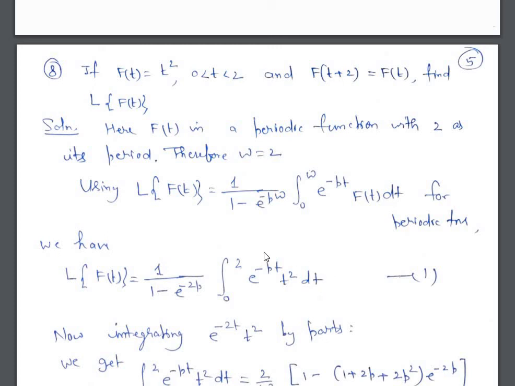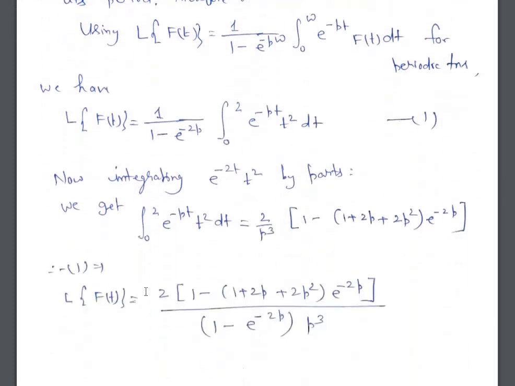Now, we have to integrate it using integration by parts. So, we get the integral from 0 to 2 of e to the power minus p t times t square dt equal to 2 upon p cube into 1 minus 1 plus 2 p plus 2 p square e to the power minus 2 p.